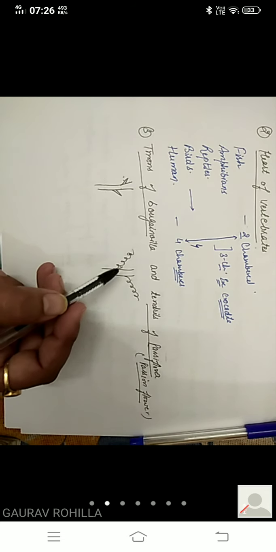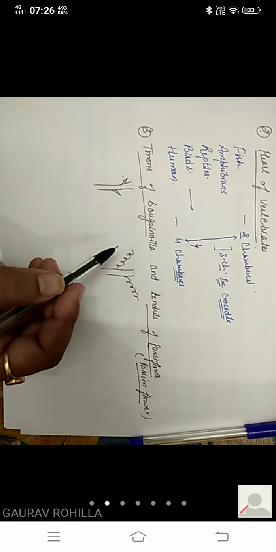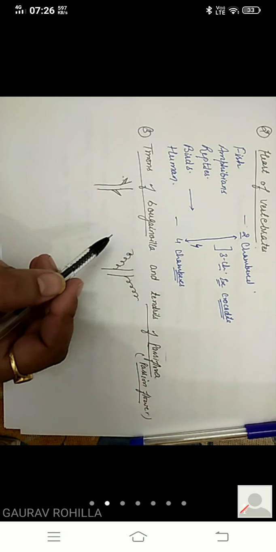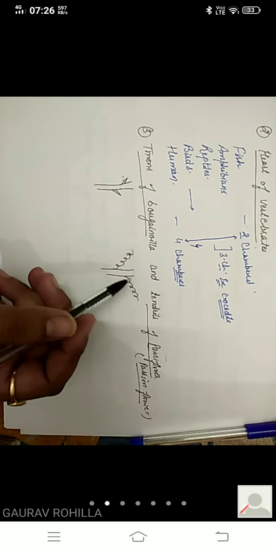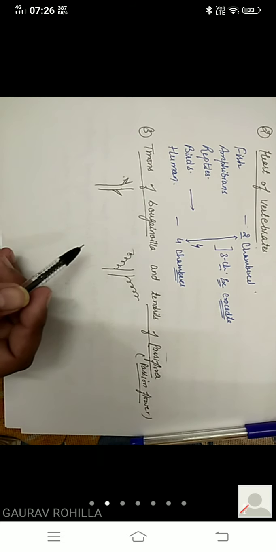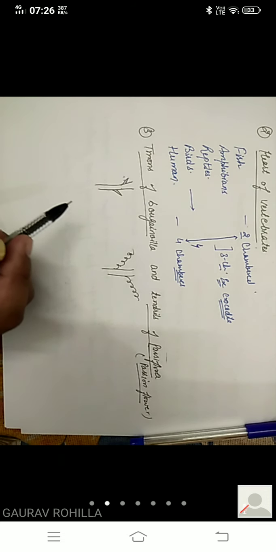So in both cases, they have same origin, but their function is protection from insects in one and to hold the plant with the nearest substrate in the other. It may be a stem, it may be another plant, it may be a wall. So they perform different functions.